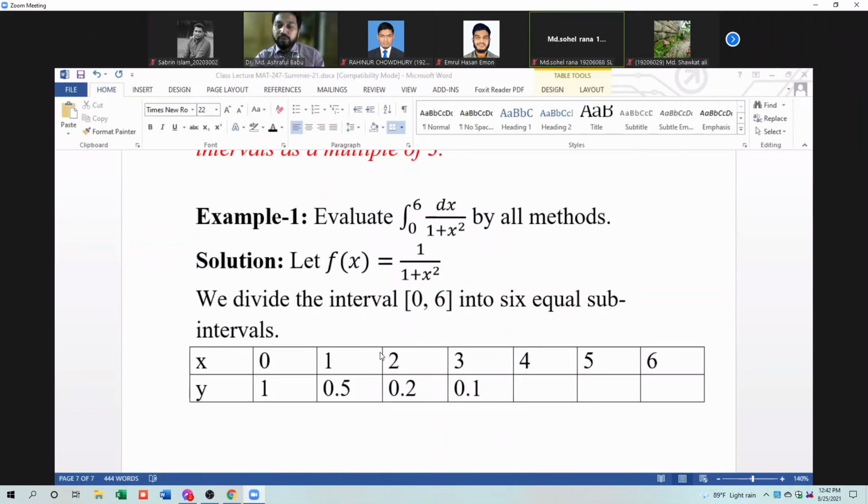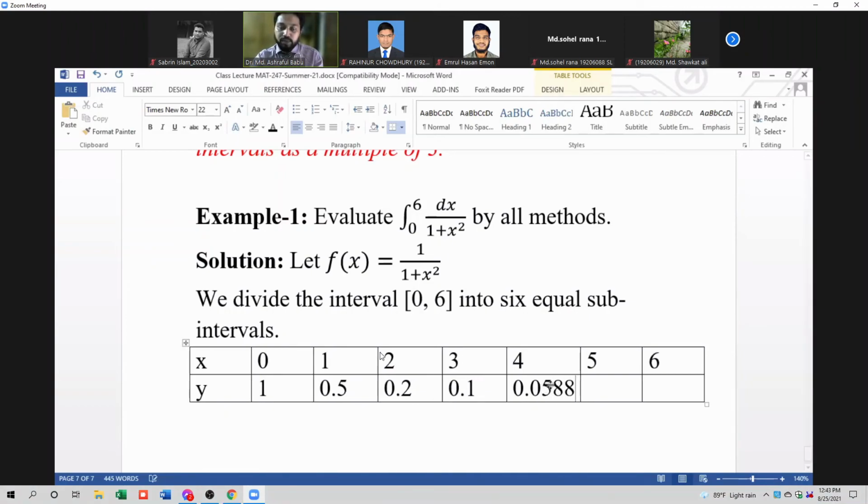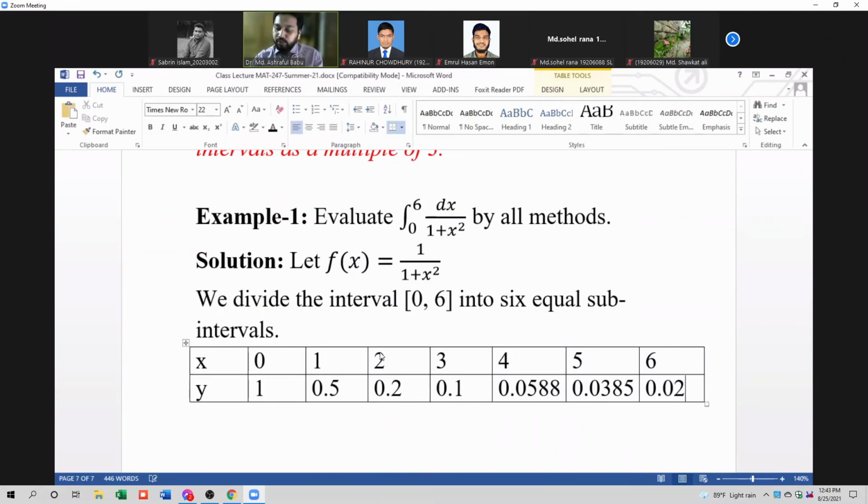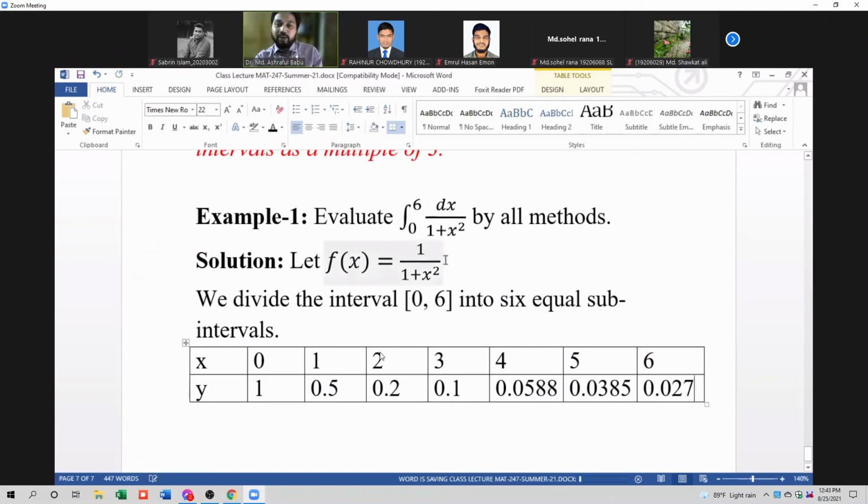And for 4, it has many digits, so we can accept maybe 3 or 4 digits after the decimal point. 0.0588. So maybe 3 or 4 digits we can accept. Like for 5, 0.0385. For 6, it will be 0.027.